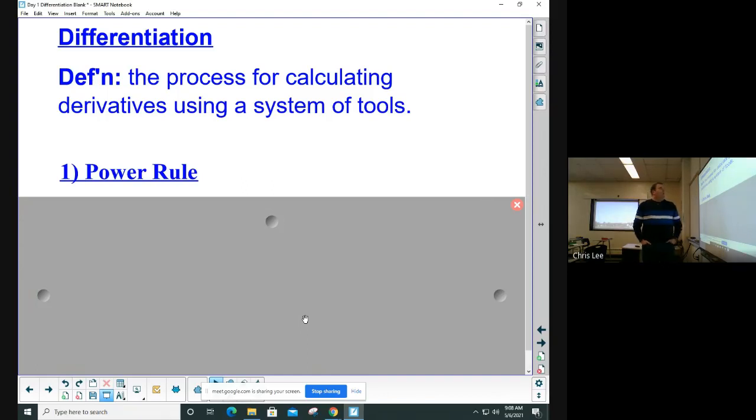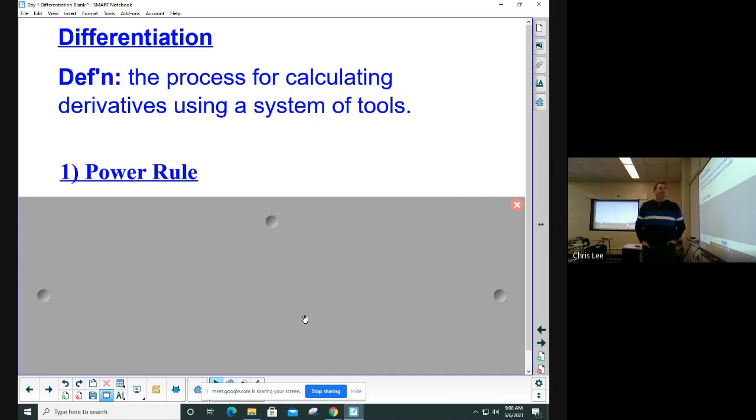All of these different patterns and recognitions are put together into a unit called differentiation. Differentiation is the verb, finding a derivative, which is the noun. The noun is the derivative. The verb is differentiation, the action of finding the derivative.